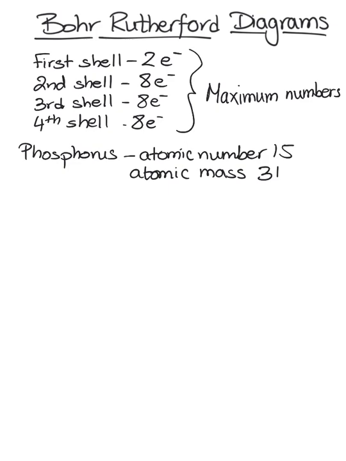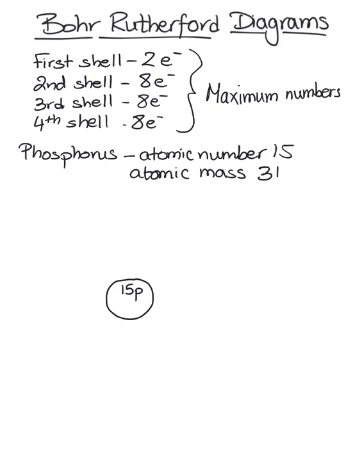Now, we remember in the previous lesson that the atomic number is referring to how many protons are in the nucleus of our atom. So in this case, right away, if I'm drawing the nucleus, I can say there are 15 protons in my nucleus. Well, how can I show how many neutrons there are?